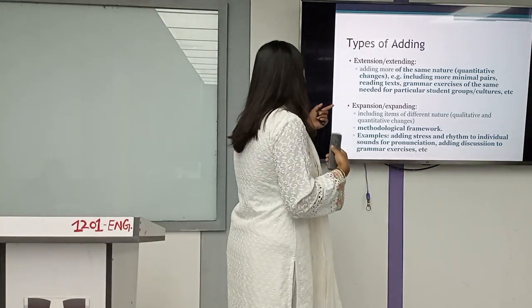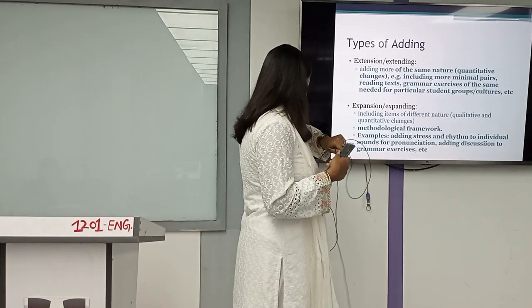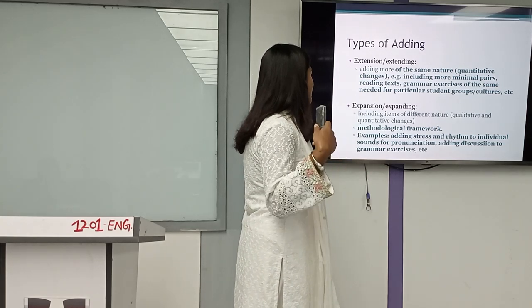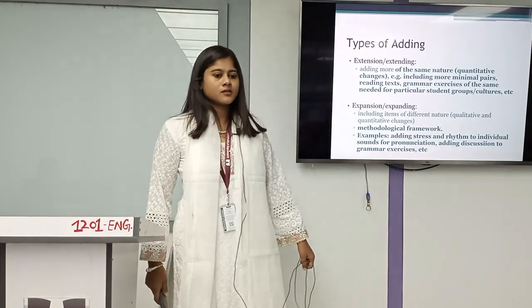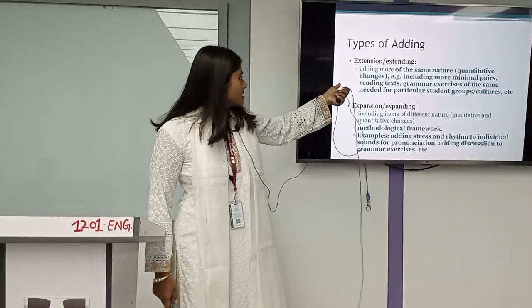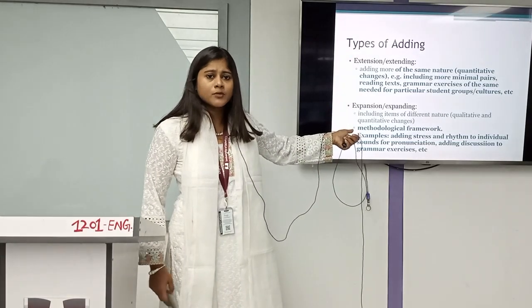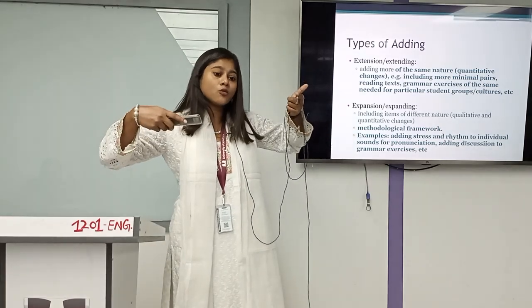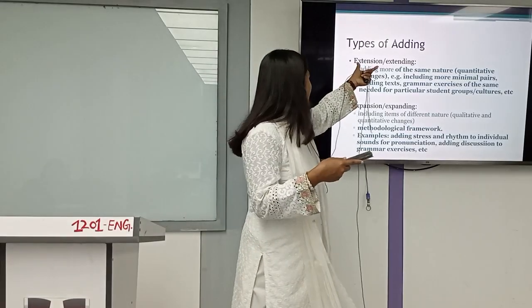Okay, grammar exercises of the same kind needed for particular groups and culture, so more exercises; we are doing expansion for expansion, including items of different nature, qualitative and also quantitative changes. The first one was quantitative and the second one was qualitative and quantitative, because if you make a quantitative change, a qualitative change often happens. If it does not, then it is extension.